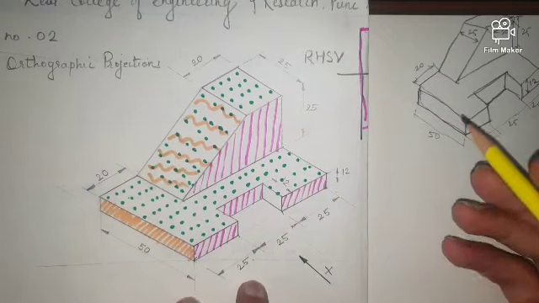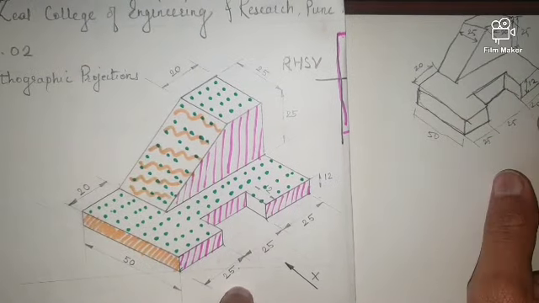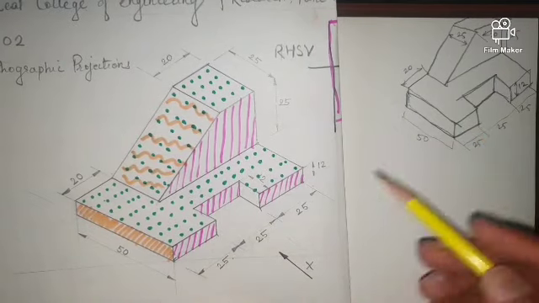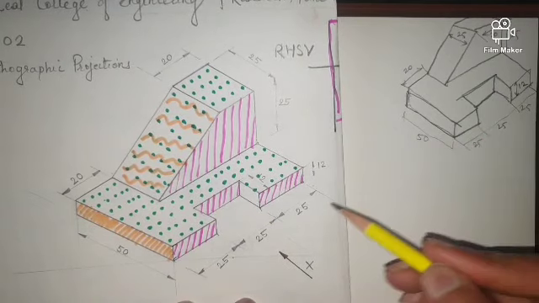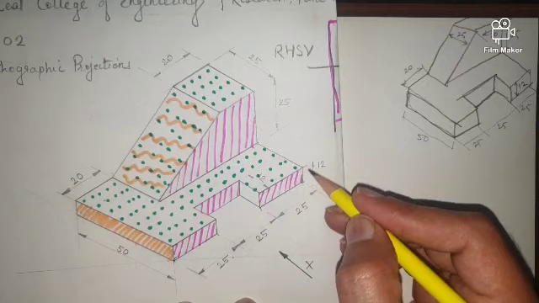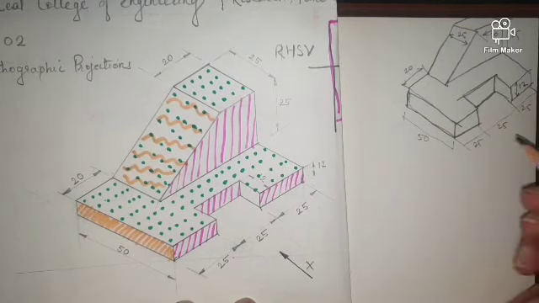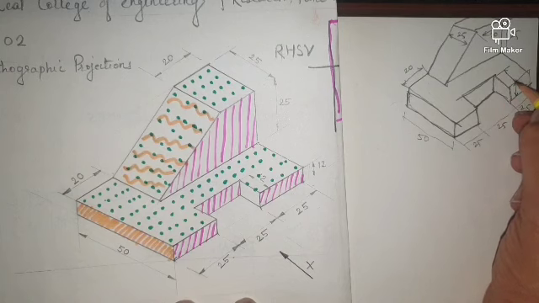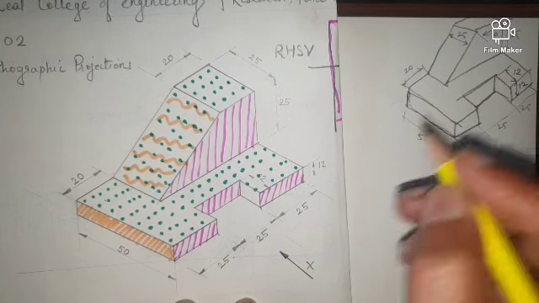So this is 25 here, and this is 25 here, 25, 25, 25, 25. This height is 12, this height is 12, this depth is 12. I forgot to mention this, this is also 12 right here.